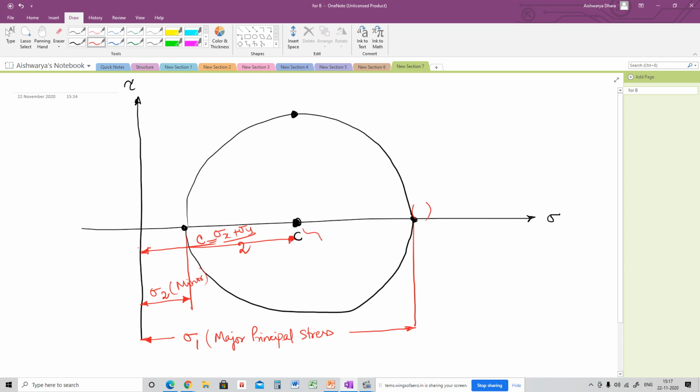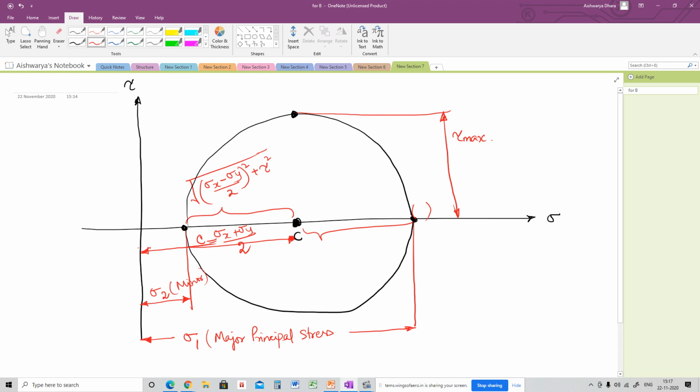Radius is this much or this much. That defines what? Radius is root over sigma x minus sigma y by 2 whole square plus tau xy square. If this is a point that has been given, that means it is tau max.